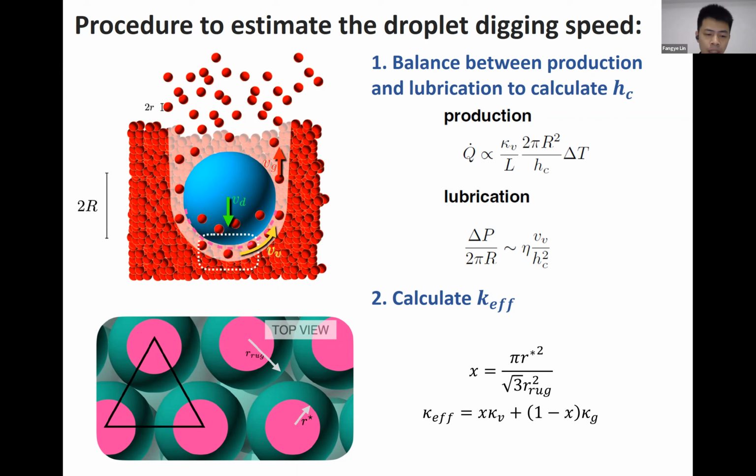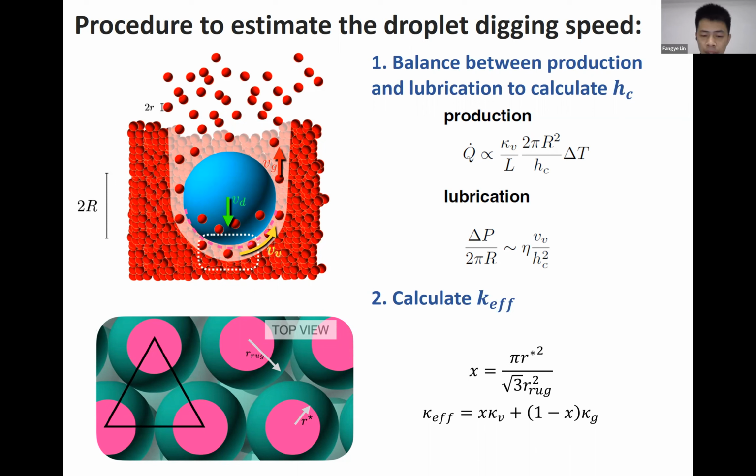If the substrate were a solid, the created vapor can generate a thin vapor film. The vapor generates a sufficient vertical force by lubrication to balance the droplet weight. We can obtain the vapor thickness Hc.